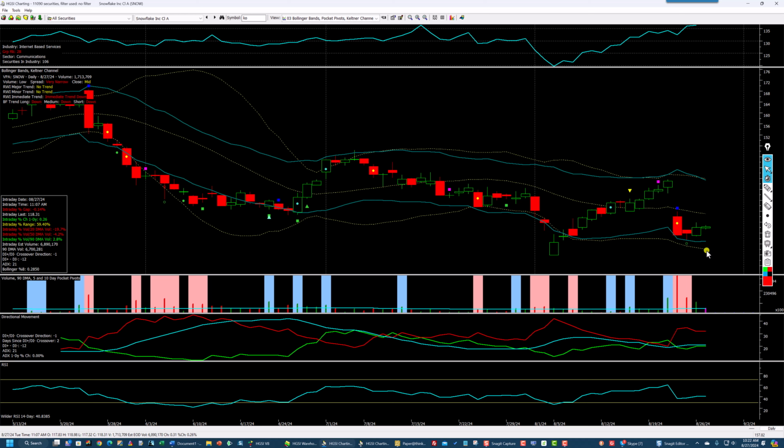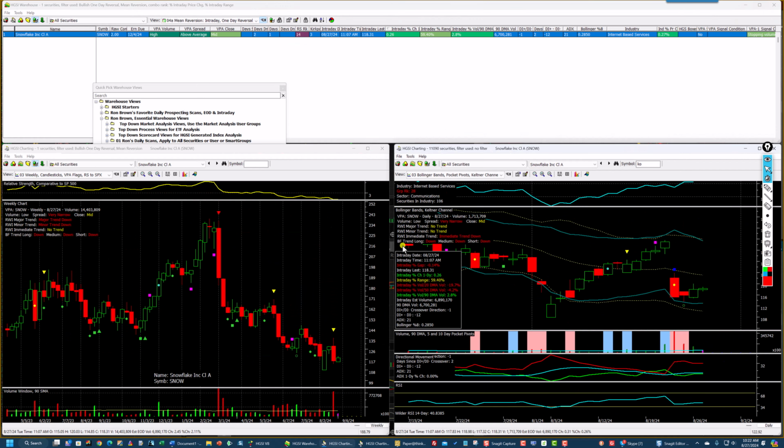So this stock is oversold, and it is a candidate for a long trade. You can see that it's been just absolutely demolished on the weekly chart, going from around 230 down to 117, somewhere in that range.